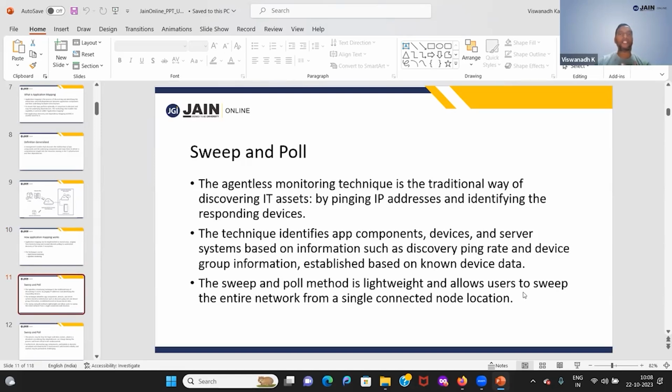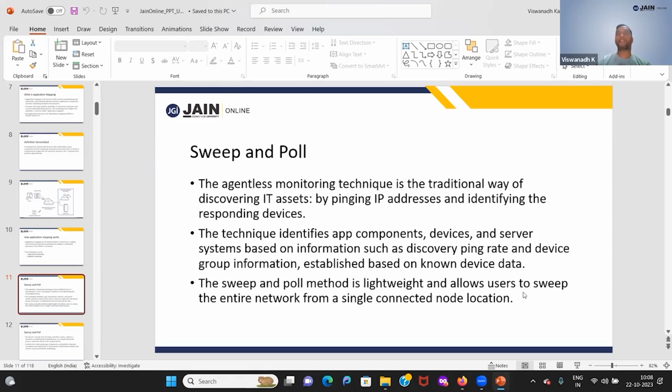Agentless monitoring is the traditional way of discovering IP assets by pinging IP addresses and identifying corresponding devices. The technique identifies application components, devices, and server systems based on information such as discovery ping rate and discovery device group information, also established based on known device data.